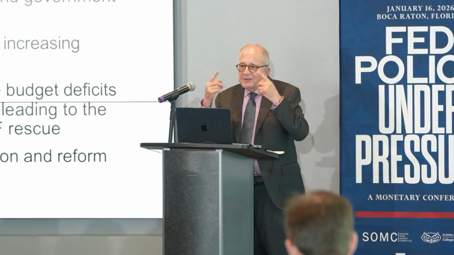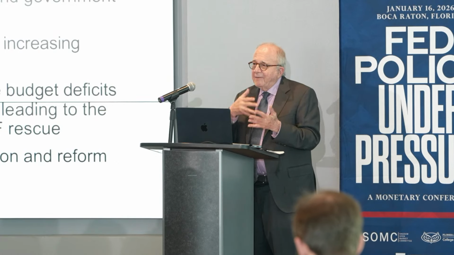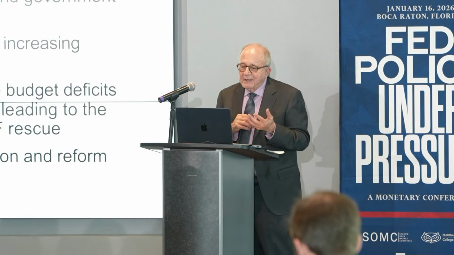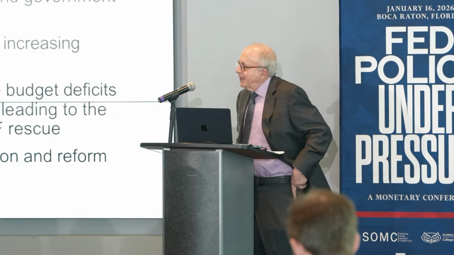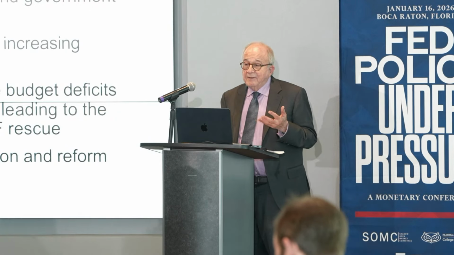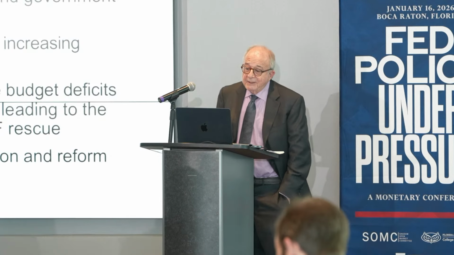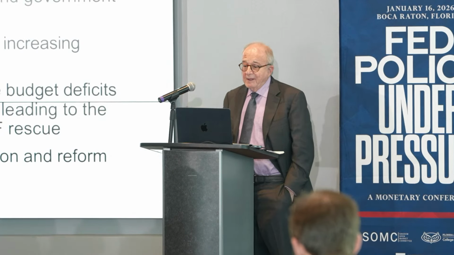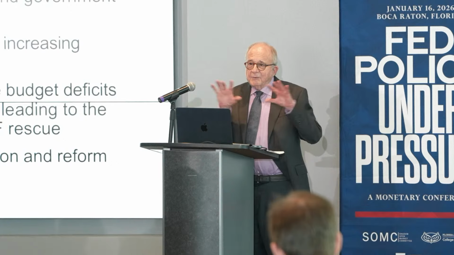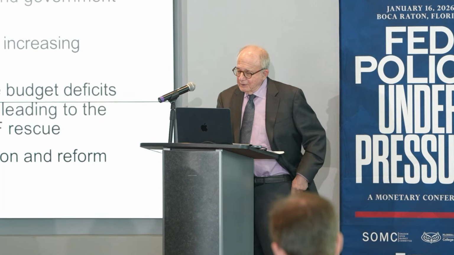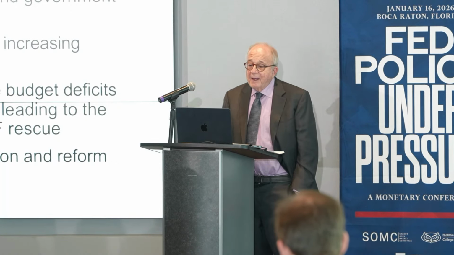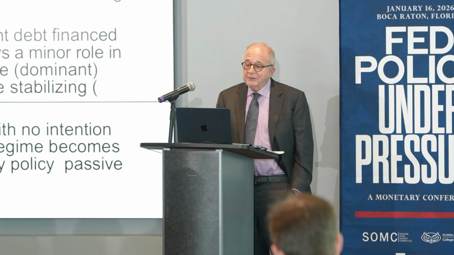The financial markets incorporated the unsustainable budget deficits and the faster money growth into their expectations, leading to the currency crash in 1976 and then the rescue by the IMF. That is what led to the shift towards fiscal consolidations and reform, and eventually returned the economy to price stability.